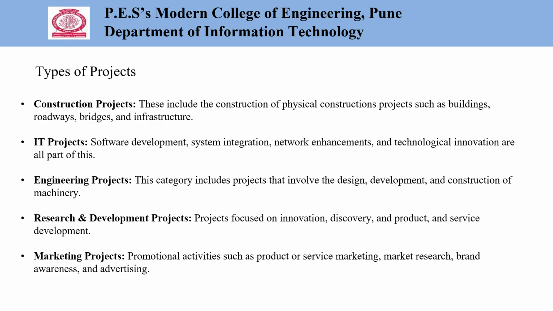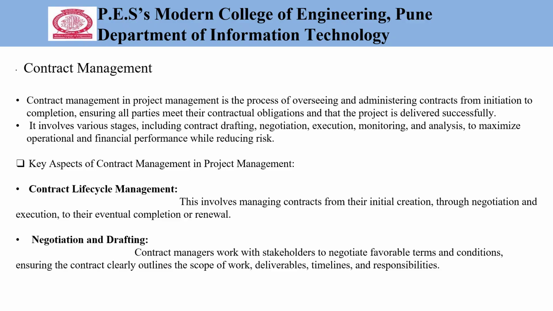Okay. Now next part we will see, what is contract management? Now we'll see it one by one. Okay. So contract management in project management is the process of overseeing and administering contracts from initiation to completion.